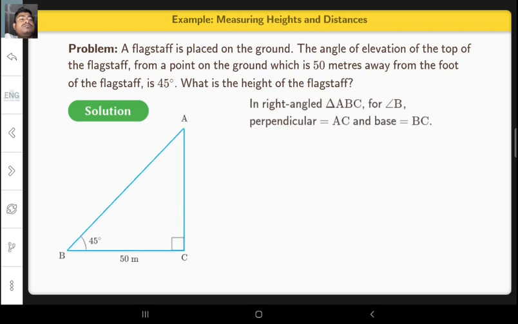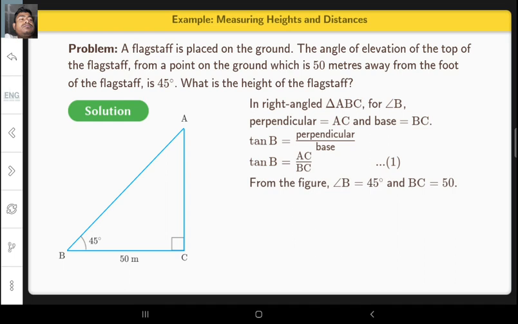So, in the right-angled triangle ABC, for angle B, perpendicular is equal to AC and base is equal to BC. Tan B is equal to perpendicular upon base. Tan B is equal to AC upon BC. Take it as equation 1. From the figure, angle B is equal to 45 degrees and BC is equal to 50.